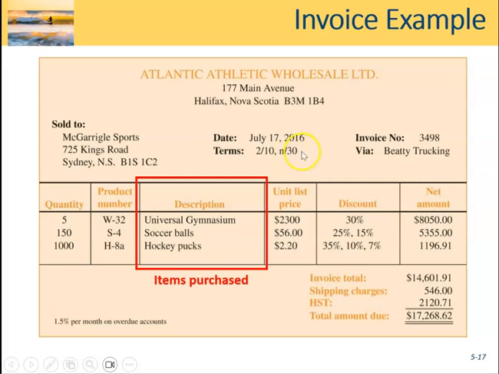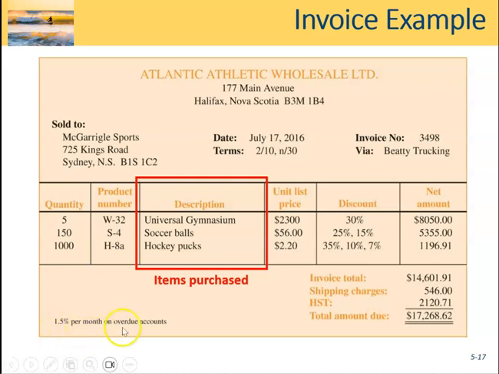So net 30 means that the total amount of $17,268.62 is due in 30 days. But then it's also saying, by telling you 2/10, it's saying that, however, if you pay this within 10 days, I will give you an extra 2% discount.